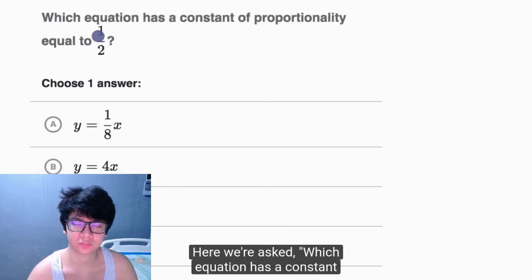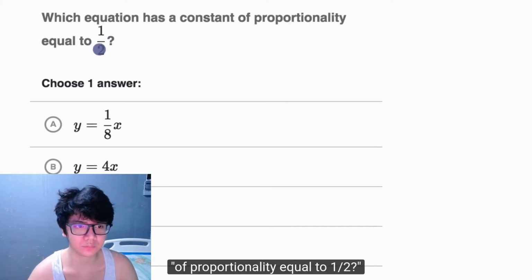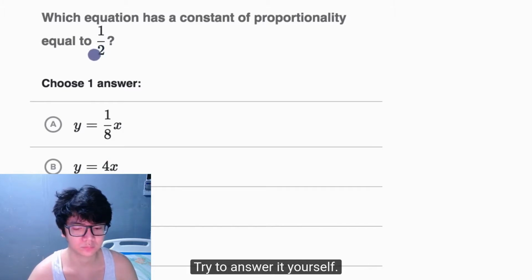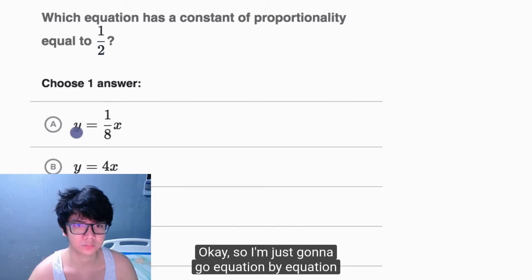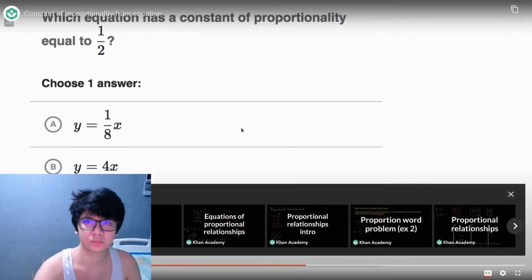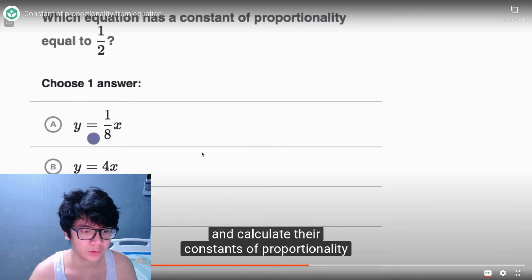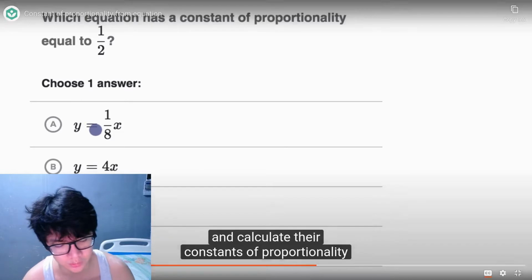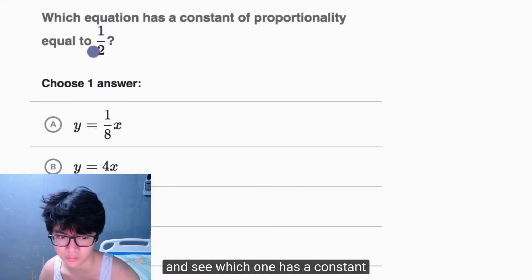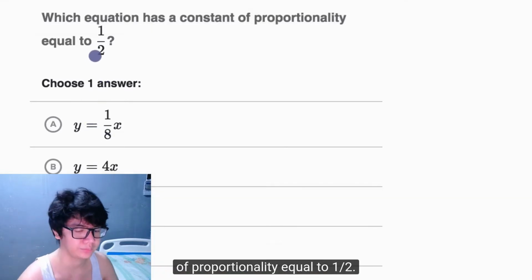Here, we're asked, which equation has a constant of proportionality equal to 1/2? Again, pause the video, try to answer it yourself. Okay, so I'm just going to go equation by equation and calculate their constant of proportionality and see which one has a constant of proportionality equal to 1/2.